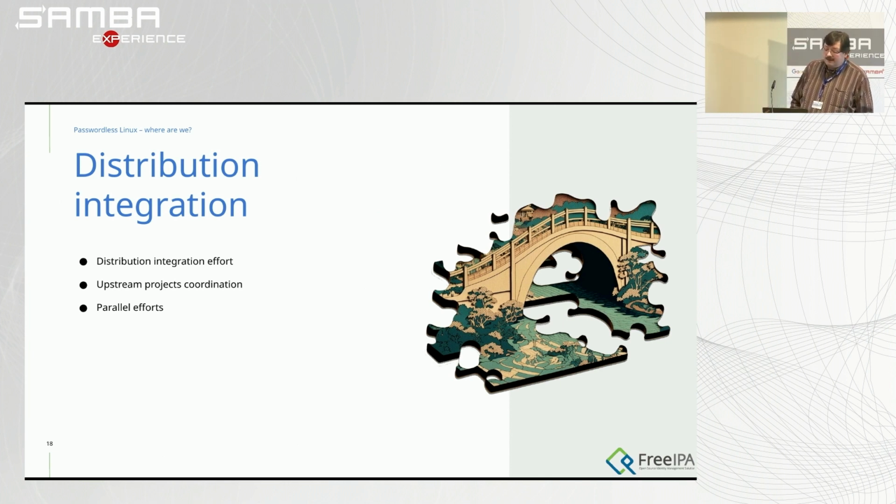So our current plan is to have the FIDO2 integration between SSSD, MIT Kerberos, and FreeIPA land in Fedora 39. It's on track, and the graphics improvements hopefully get somewhere around Fedora 40 or 41.